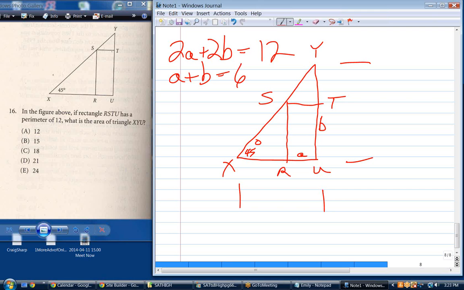Wow, this is a brutal problem. I kind of see what we have to do.